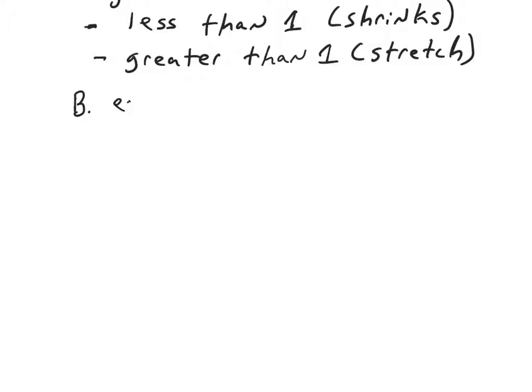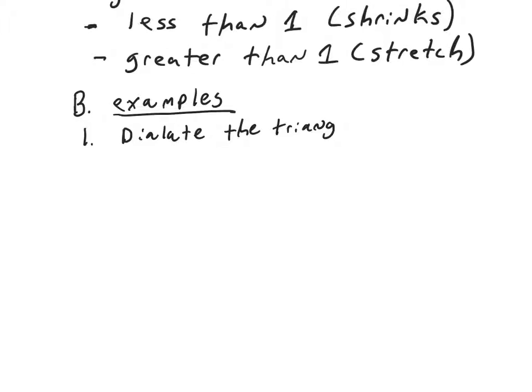Okay, let's do some examples. Alright, let's do a dilation. So we're going to dilate the triangle that I'm going to draw in a minute, using our scale factor R is equal to 2.